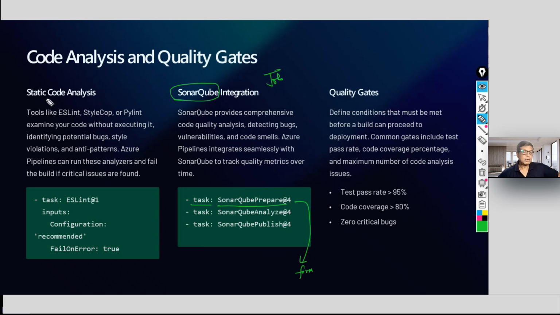Static code analysis: the code can be easily analyzed before it is built. So if you are trying to find whether there are any critical issues, without actually testing anything, you can analyze the code with ESLint, StyleCop, PyLint. You just use this particular service. It is easily available within Microsoft Azure DevOps.